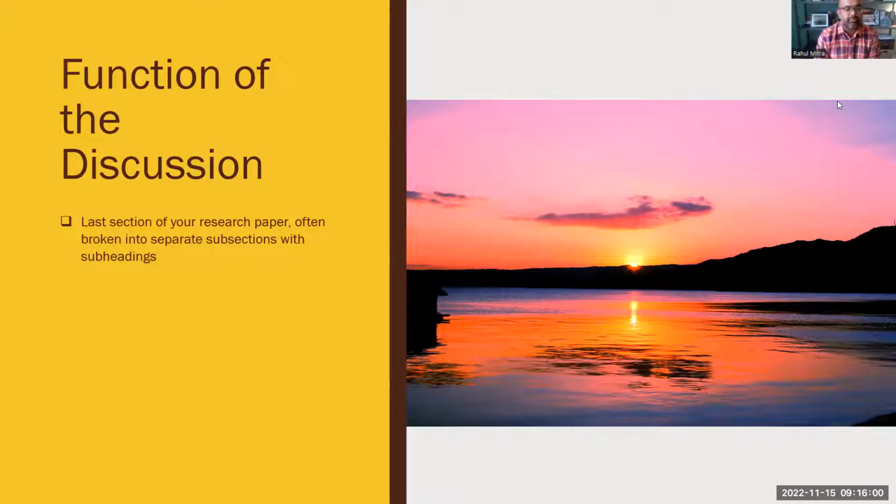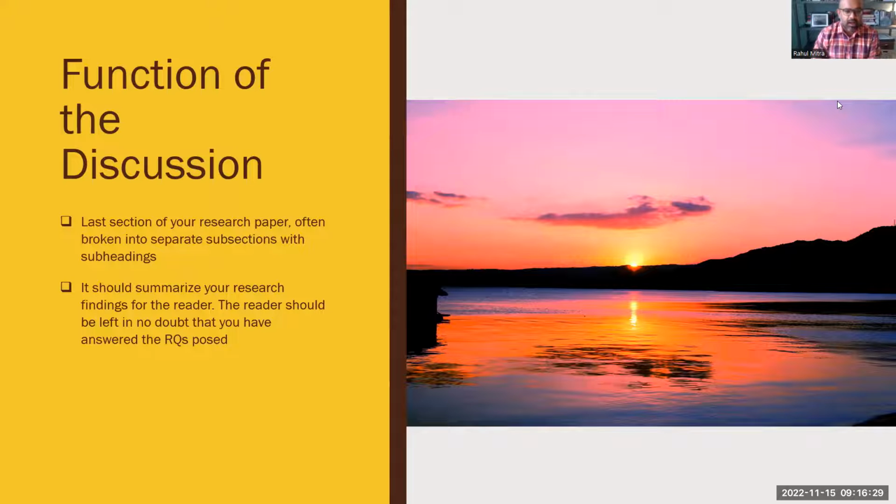And it's important to keep in mind that different journals and different disciplinary conventions will often require you to break up this last section into separate subsections with subheadings. And I think that's usually a good idea because it provides you a little bit of organization, a little specificity in terms of what you want to put into each subsection with its own subheading.